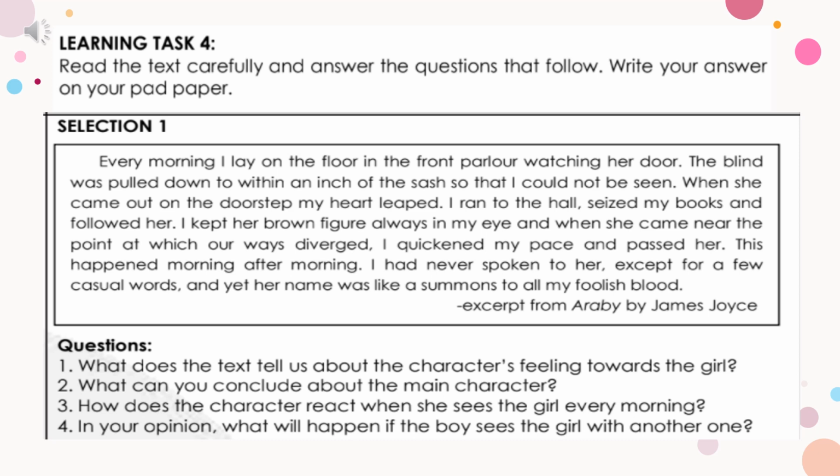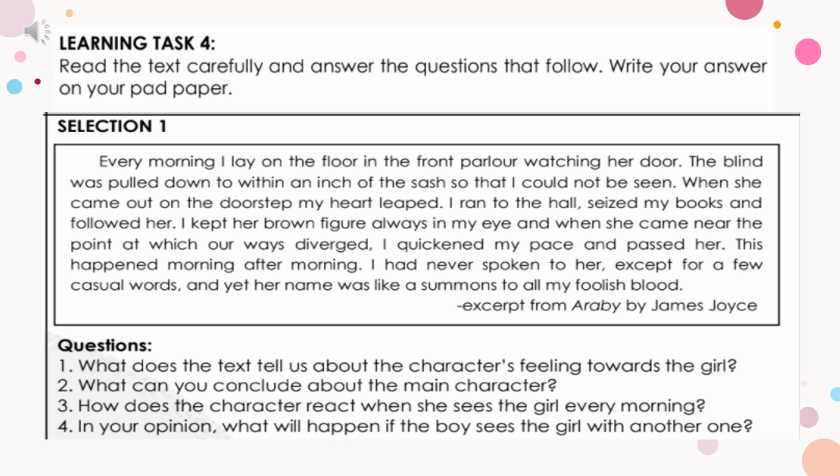Learning task 4. Read the text carefully and answer the questions that follow. Write your answer on your pad paper. Selection 1. Every morning I lay on the floor in the front parlor watching her door. The blind was pulled down to within an inch of the sash so that I could not be seen. When she came out on the doorstep, my heart leapt. I ran to the hall, seized my books, and followed her.